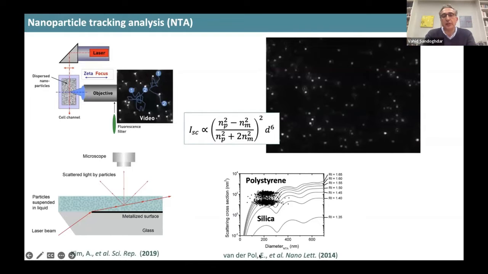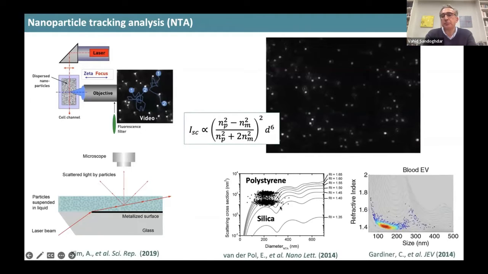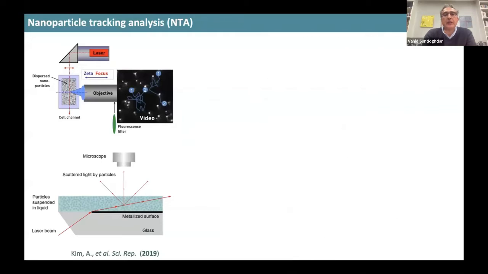For example, Van der Poel and colleagues could tell the difference between silica and polystyrene particles. And similarly, you could, for example, look at EV in blood and not just look at the size distribution, but also say something about the index distribution. So this method basically works. And again, it is used quite commonly by many labs.